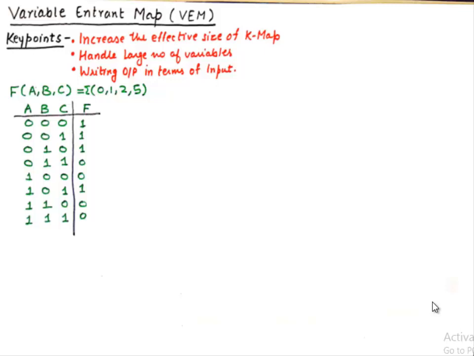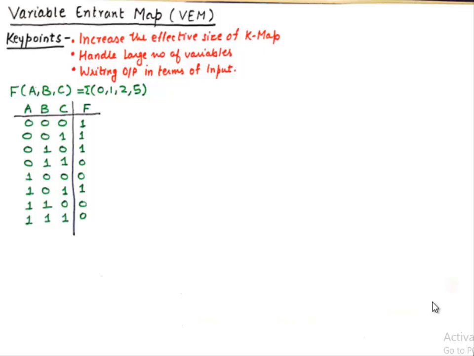But we can draw a 4-box K-map based off 2 variables, and we can express the third variable as the output. And how can we do that?